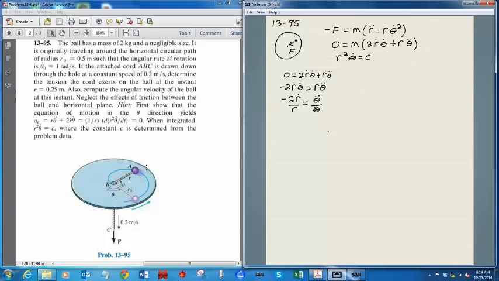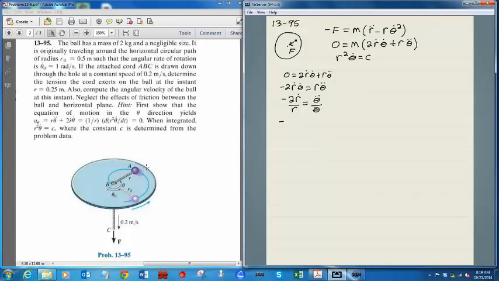Okay. So now what I'm going to do is simply integrate both sides of the equation. So when I do, I'll clean this up just a little bit and then put in an integral. Back up, let me put in one more step. Instead of the dot terms, I'm going to put in a time derivative. I'm going to write it out.